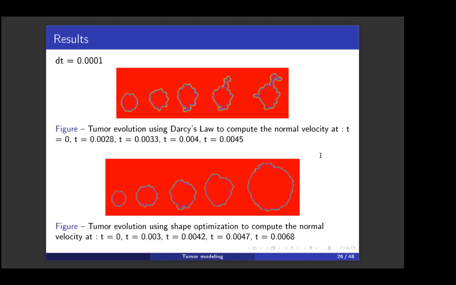And intuitively, if we don't use any treatment, the tumor has to be greater. There is no reason to minimize. And in comparison with some results from the literature, we remark that it is the second evolution. But we can't be sure.